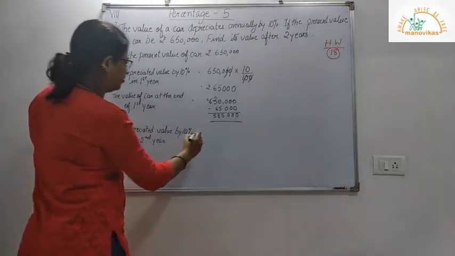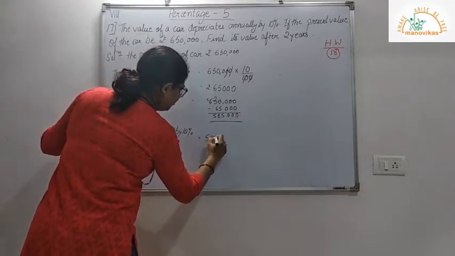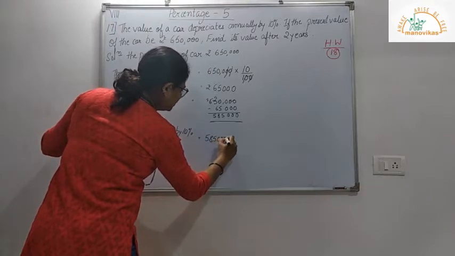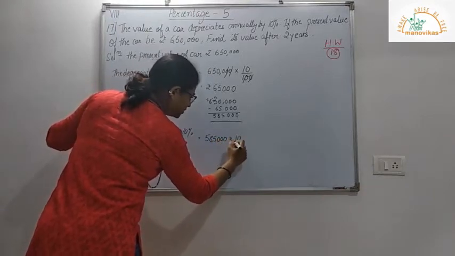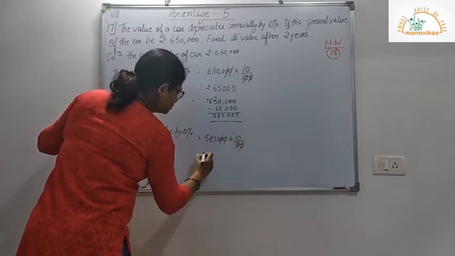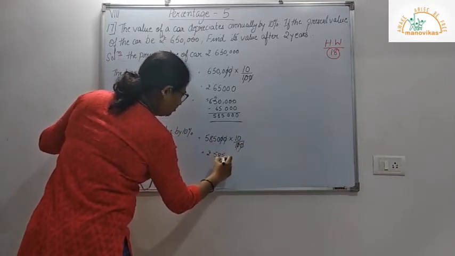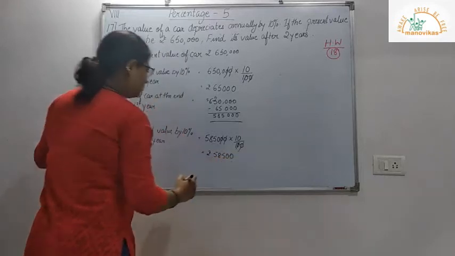So now what we have here, value, that is 585,000 on this 10%, right? So I cancel this out. So it comes to rupees 585,000.